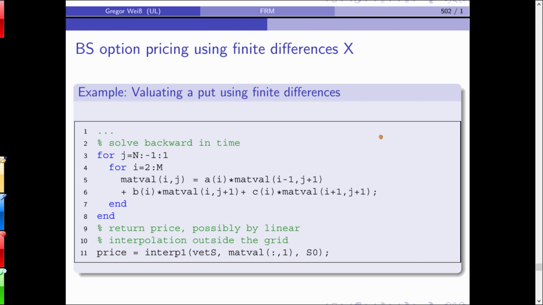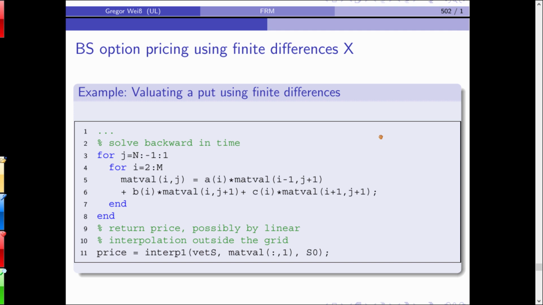You have those values in the end. And what you do then is you interpolate. You know where your stock price started, and the problem is that obviously you can only choose between one price in the end when you're starting and another one.